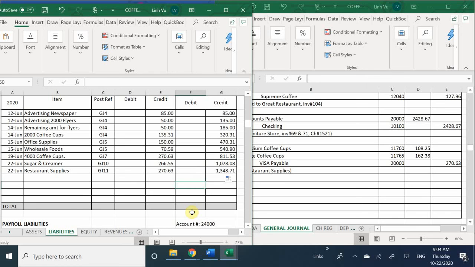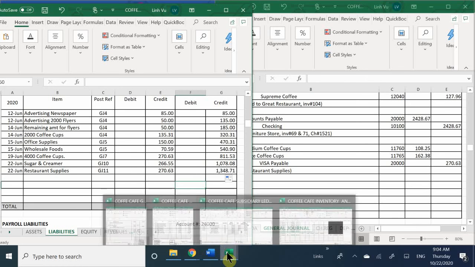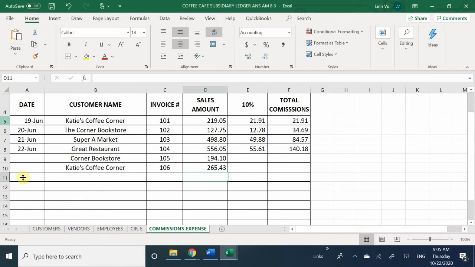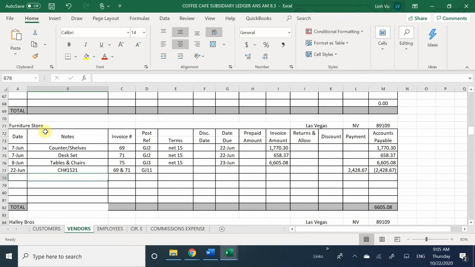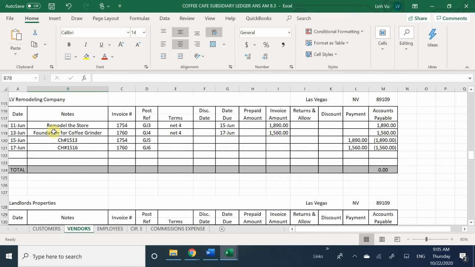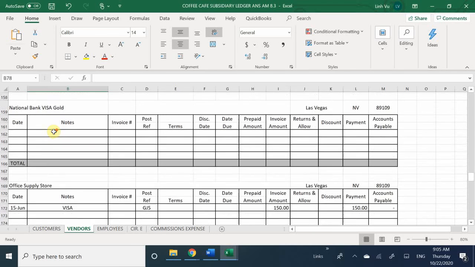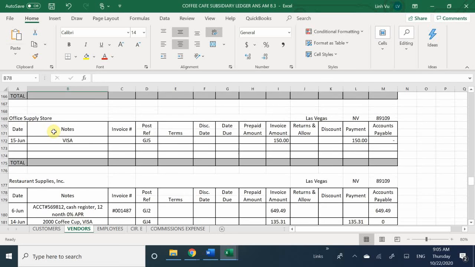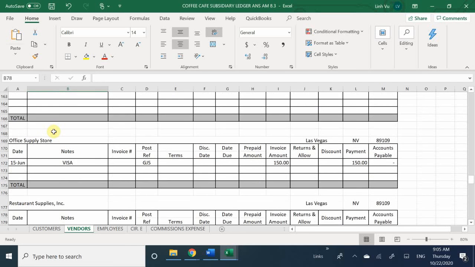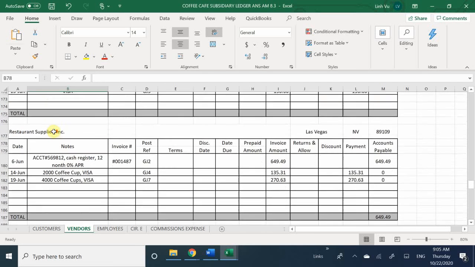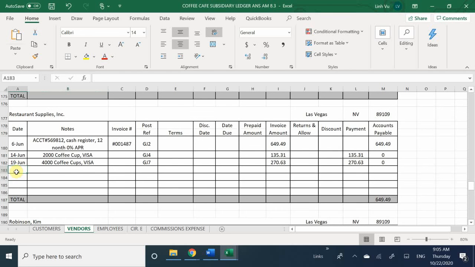Let's see. I know we go to the subsidiary ledger, the restaurant supply, oh, vendor. Is it restaurant supply? Yes. Right under office supply store. Okay.